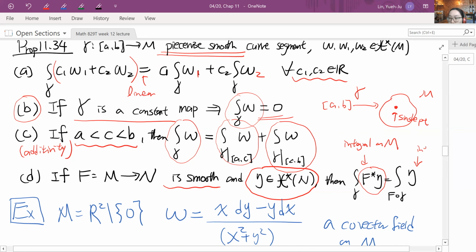So this is an integral on N. But F composed with gamma is another smooth or piecewise smooth curve, right? So you will have this nice property.